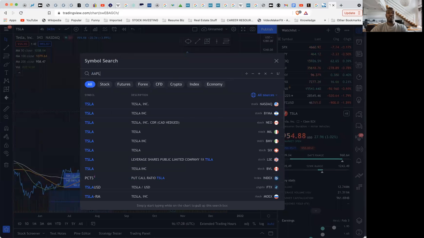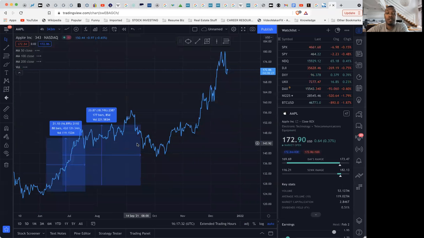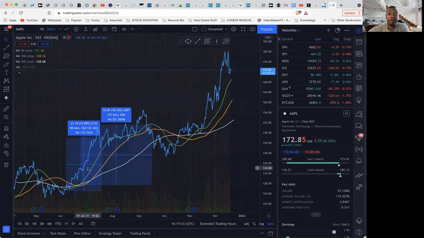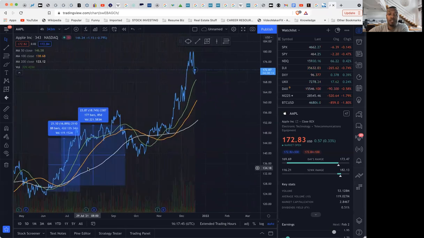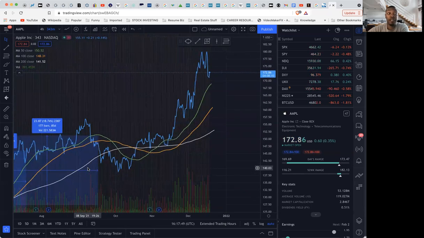Whereas if we compared it to, let's see what Apple looks like. All right. So we'll look at Apple just as a comparison, and Apple looks great. Okay.